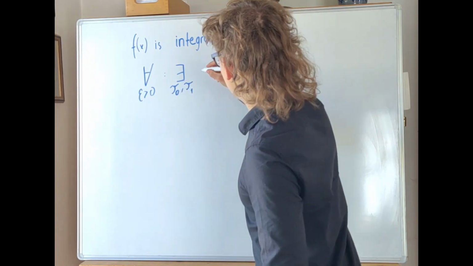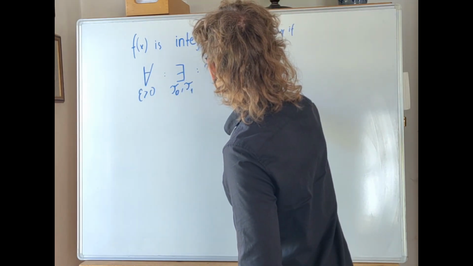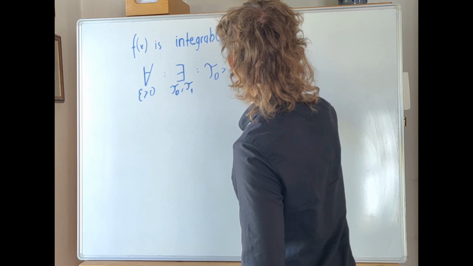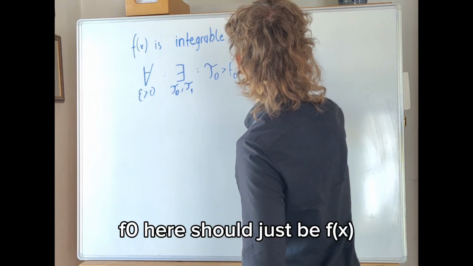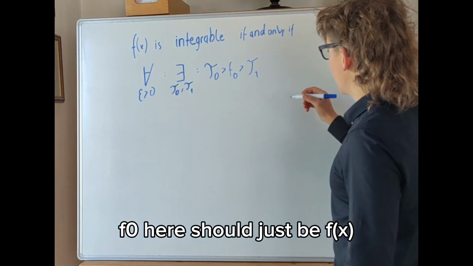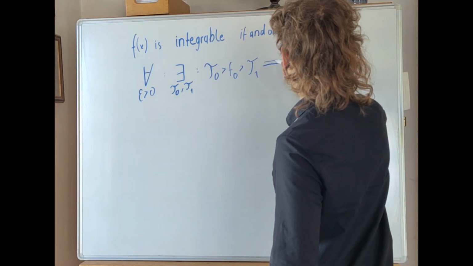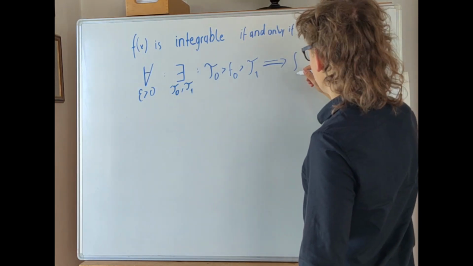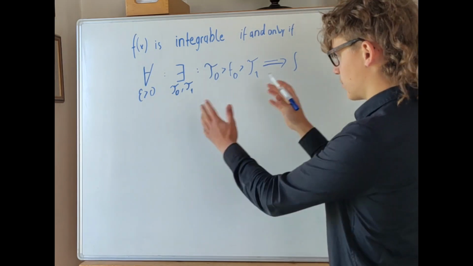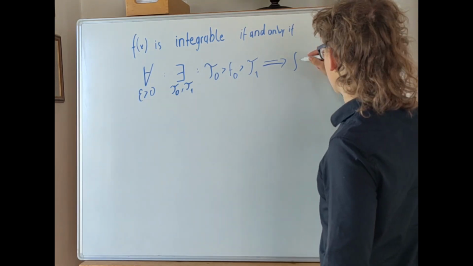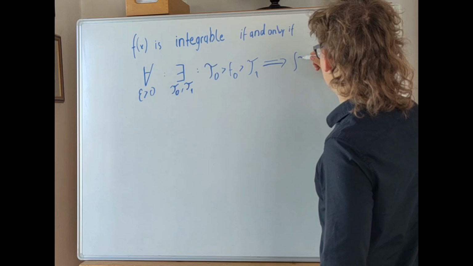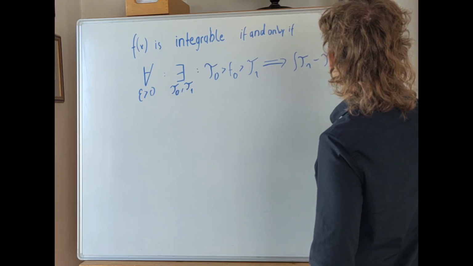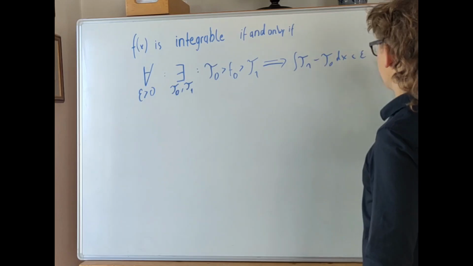We need that t0 is bigger than f, which is bigger than t1, and from this should follow that the integral of t1 minus t0 dx is less than epsilon.